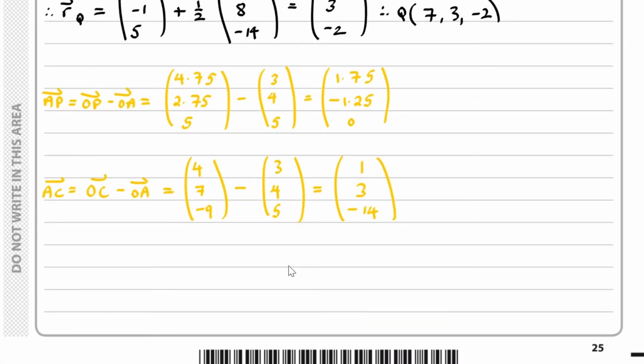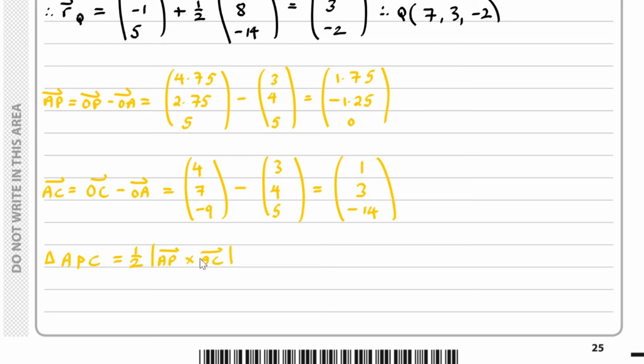So the area of triangle APC is equal to 1/2 times the magnitude of AP cross AC.